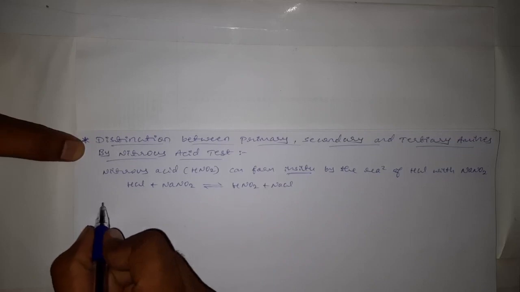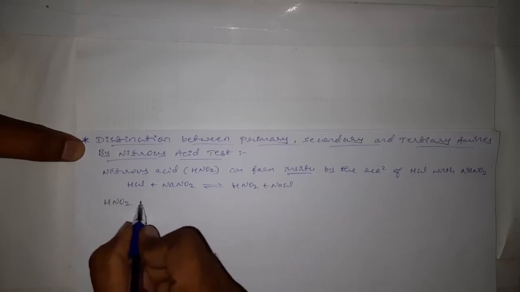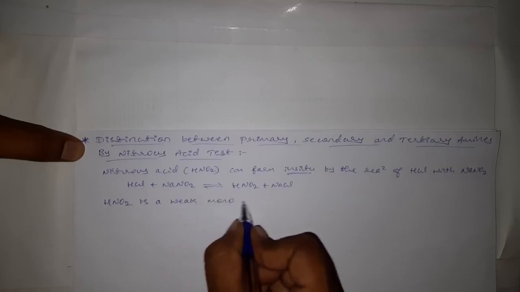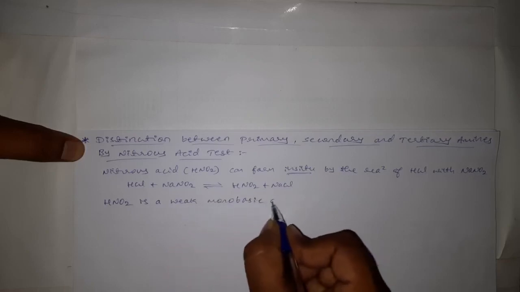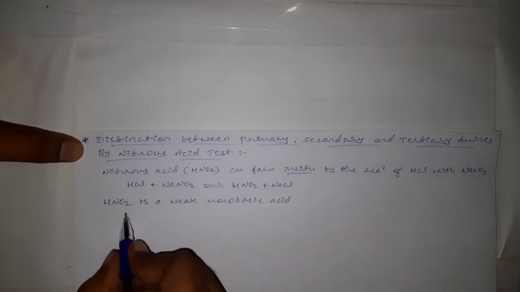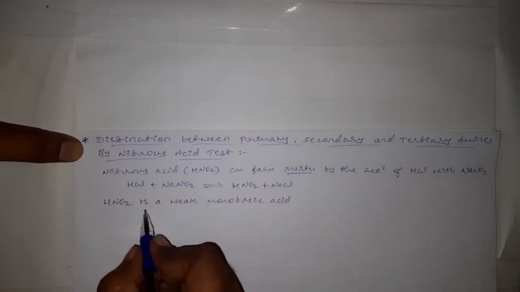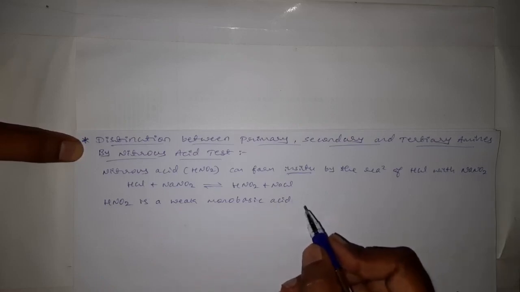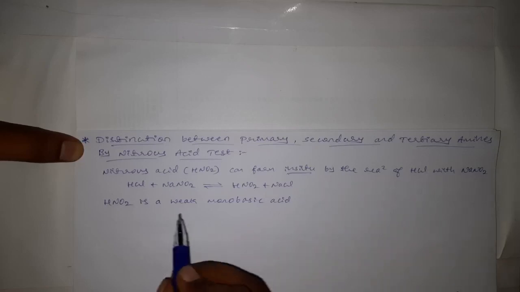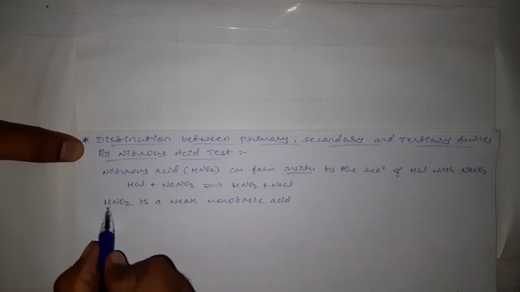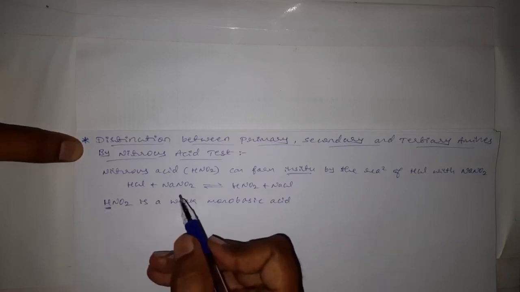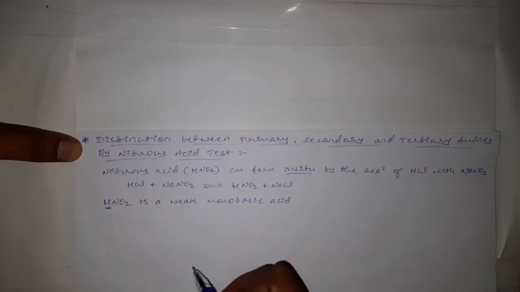This nitrous acid, that is HNO2, is a weak monobasic acid. Then what do we mean by monobasic acid? A monobasic acid is an acid which has only one hydrogen ion to donate to a base in an acid base reaction.